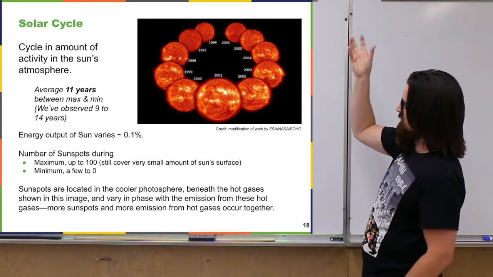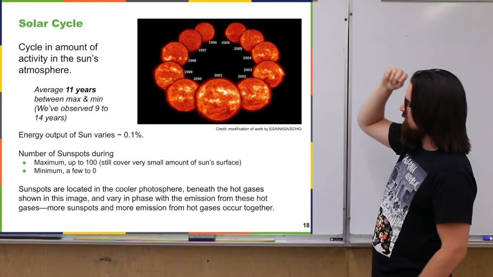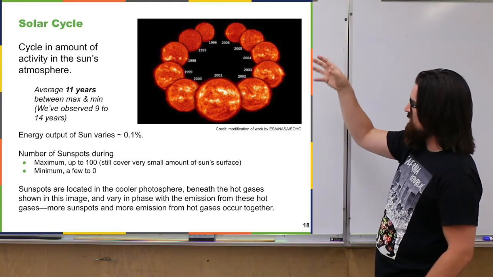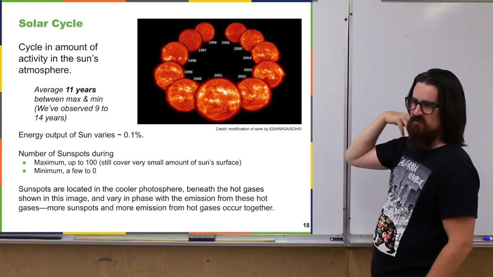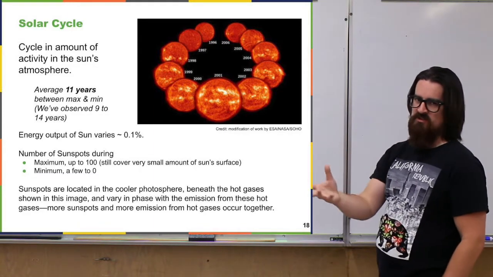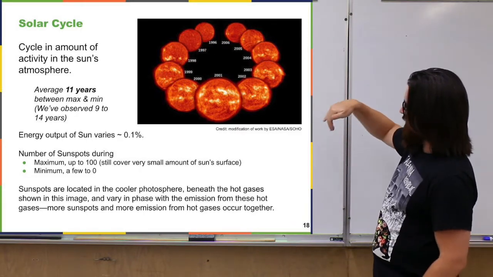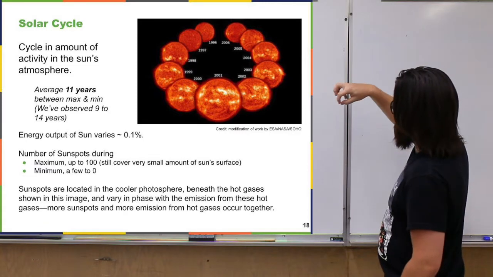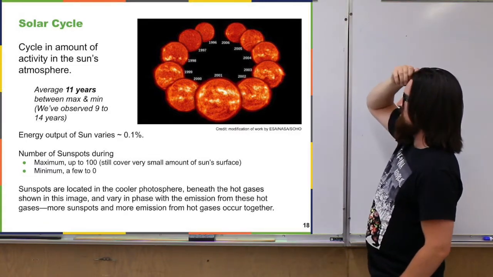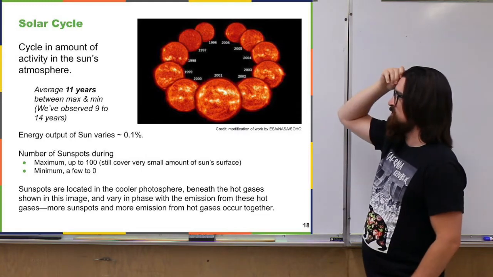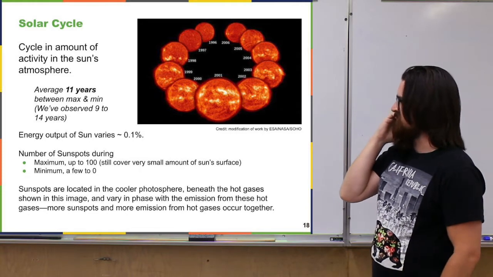We go from an almost smooth, single-color look in 1996 to all these areas where stuff is happening. The color indicates the temperature, but it's probably also a good indication of magnetic field activity. We go all the way to 2001, which says peak, and then it starts to go back down. By 2006 we're almost back to a minimum again, so that was about 10 years. Like I said, on average it's about 11 years.